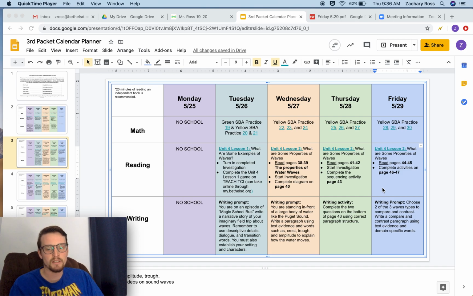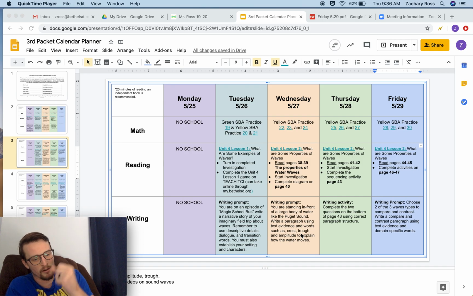Those domain-specific words are the words over here like crest, trough, amplitude, wavelength, etc. So the three types of waves that we are studying in this lesson are water waves, waves on a string, and today we're going to be looking at sound waves. Let's get right into it.